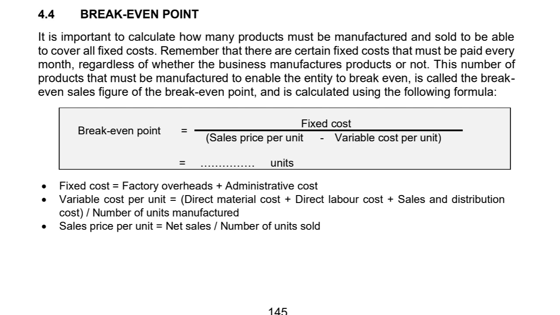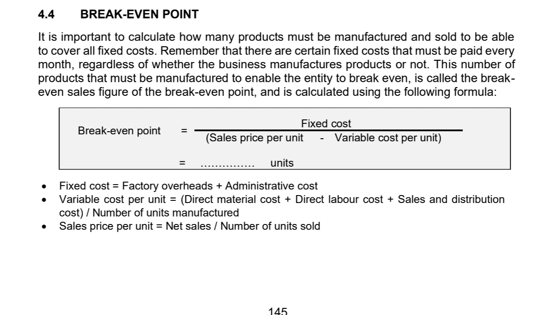4.4 break-even point. It is important to calculate how many products must be manufactured and sold to be able to cover all fixed costs. Remember that there are certain fixed costs that must be paid every month, regardless of whether the business manufactures products or not.